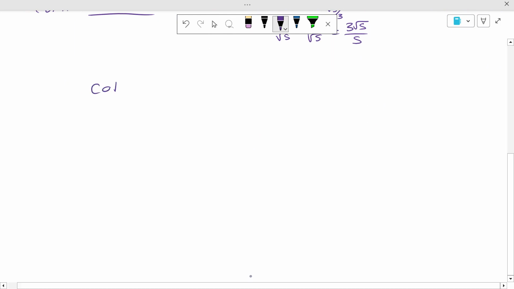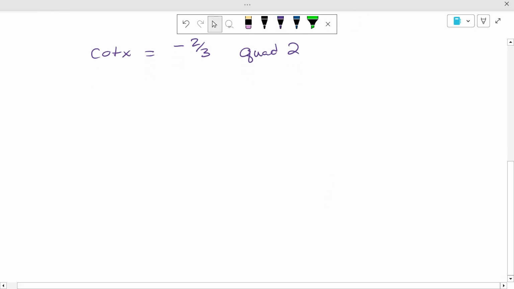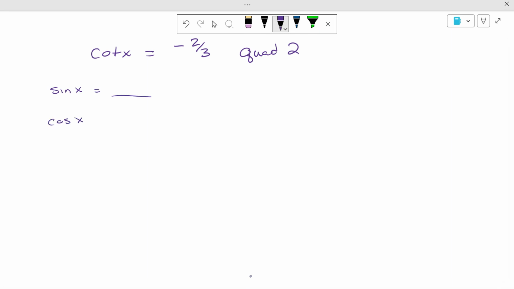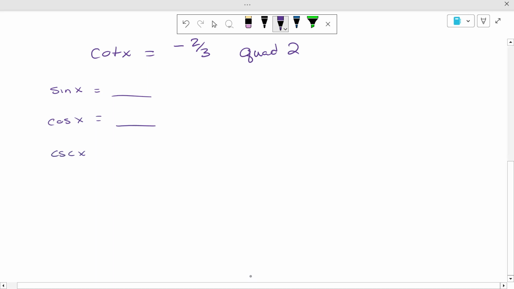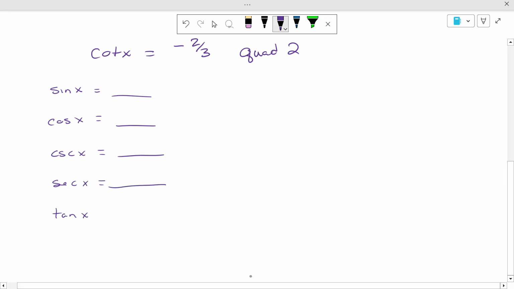Let's say the cotangent of x is equal to negative 2/3 in quadrant number 2. If we're in quadrant 2, we got to figure out what's positive, what's negative. So what don't we have if we have cotangent? Well, we don't have the sine of x, the cosine of x, the cosecant of x, the secant of x, and the tangent of x.